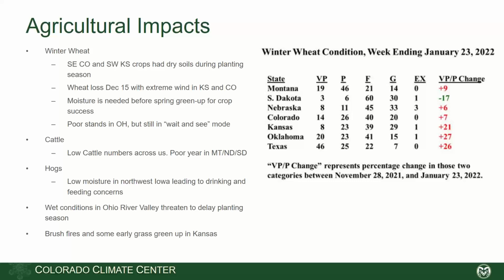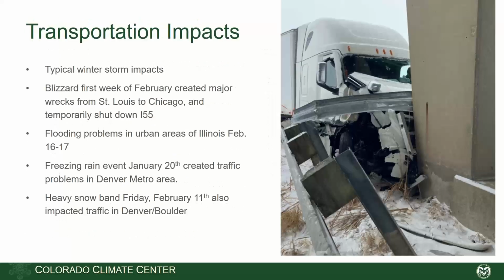One thing that I noted with cattle is that we're now down to the lowest level of cattle in the US since 2012 and that drought. And when you have cattle sold off as a result of drought conditions, that's an impact that takes a long time to recover from. It takes a long time to build back up your herds after having to cull as a result of dry conditions and not enough forage.